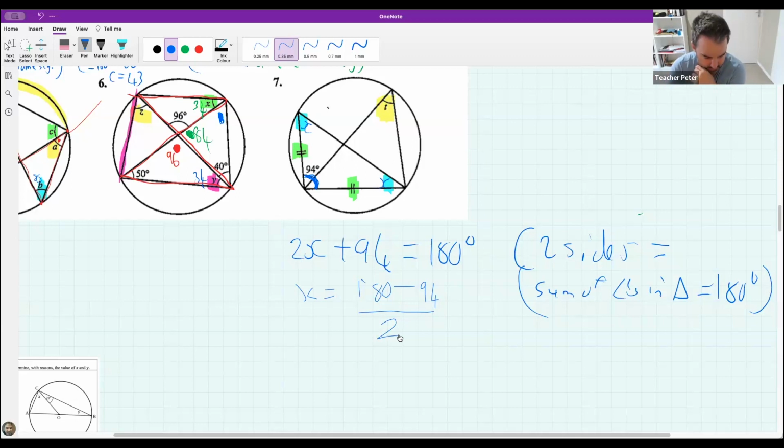So what do I get for x on my way to getting here? I get 43. X is 43. So we know that is 43 and that is 43. Now, what is the angle t going to be?